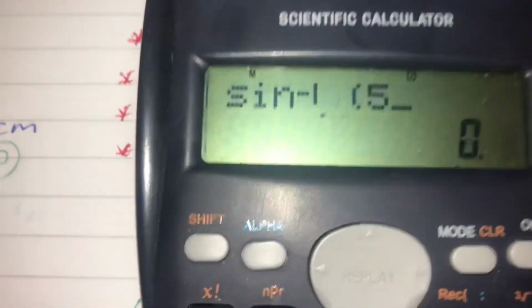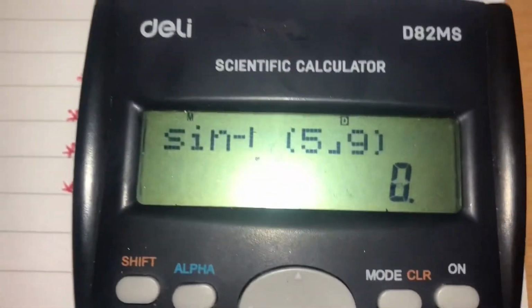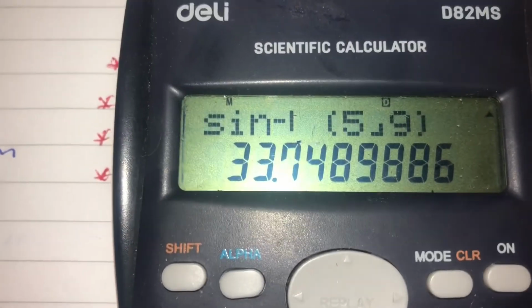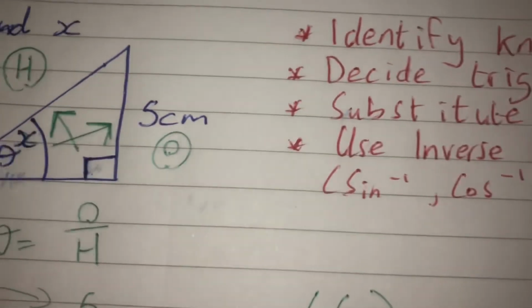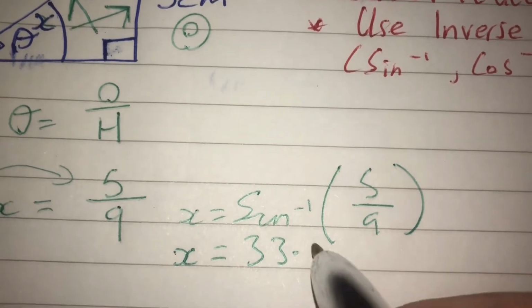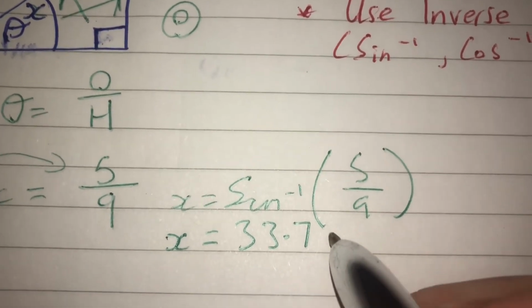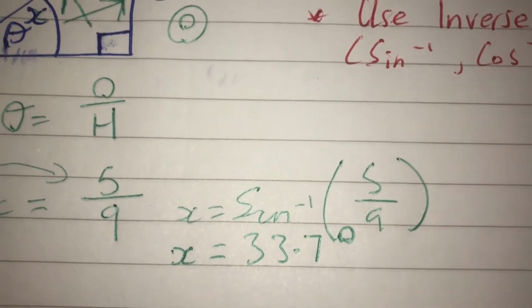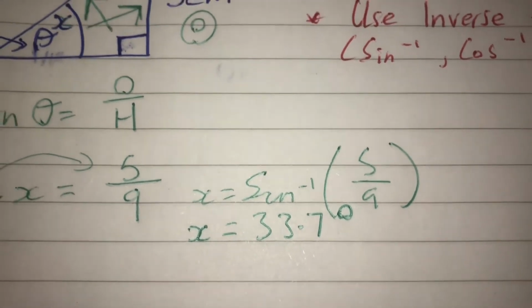I use brackets, 5, the fraction button, over 9, close the bracket, and that gives me 33.7 to 1 decimal place. The question will usually tell you the degree of accuracy, and the answer is in degrees because it is an angle.